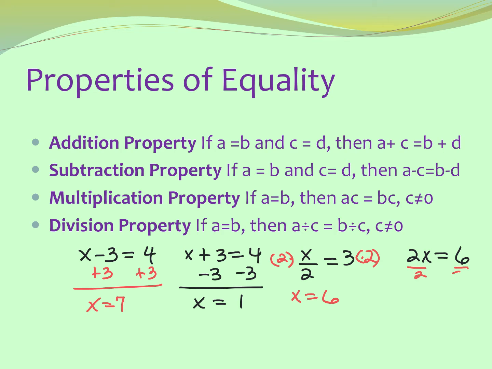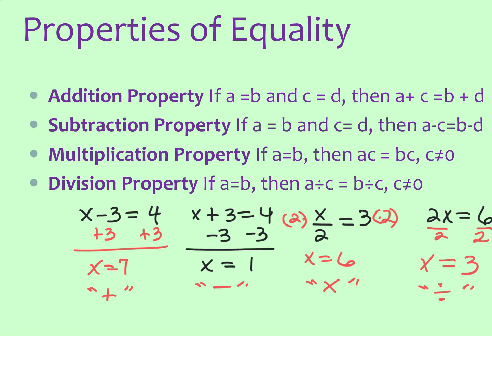So you would divide both sides by 2, and then this would be your division property of equality. So this is division, this one would be multiplication, subtraction, and then addition property. So basically you're just describing what you're using here to solve your equations.